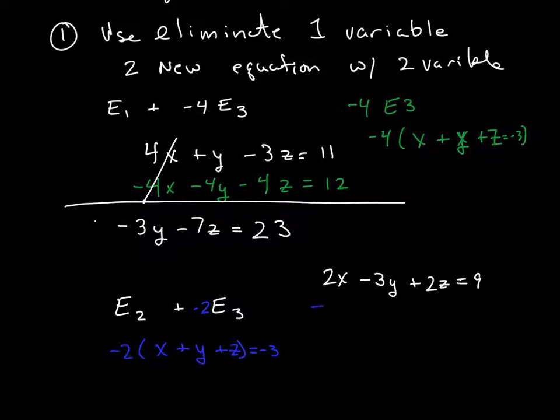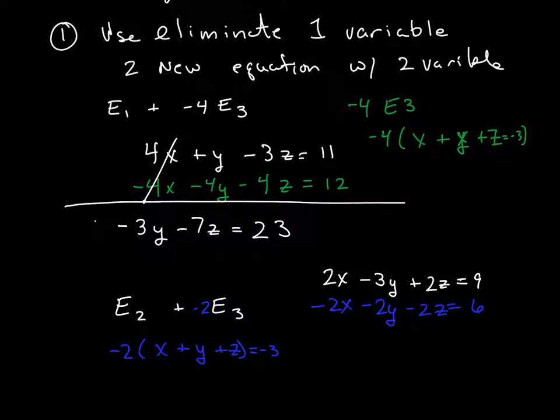That gives me my negative 2x minus 2y minus 2z is equal to 6.